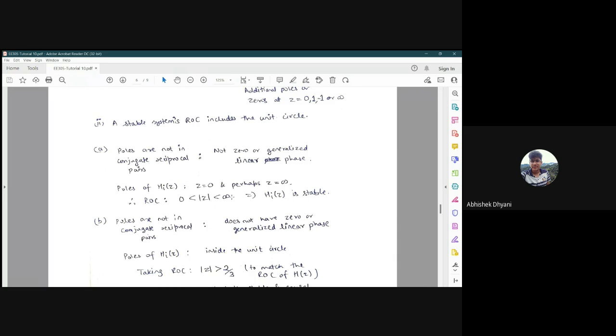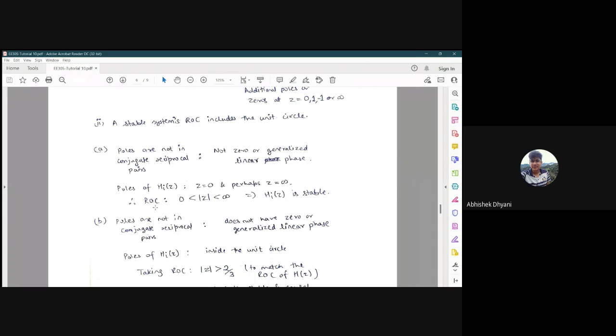And also there can be a pole at z equal to infinity, corresponding to the difference in the number of poles and zeros. Remember, we try to balance the number of poles and zeros by putting poles and zeros at infinity or zero. So that's why perhaps it can have z equal to infinity as one of the poles as well.